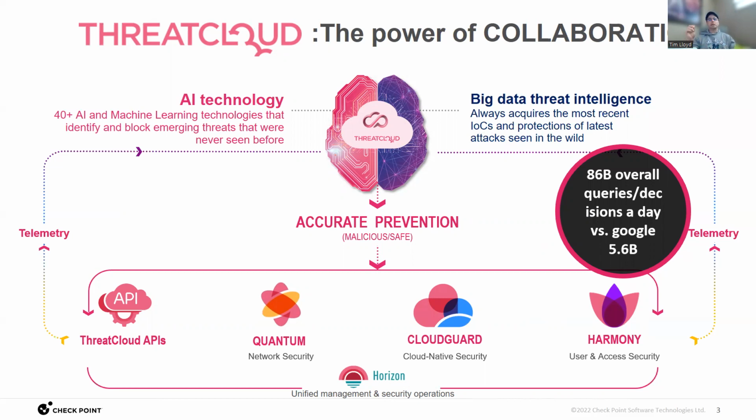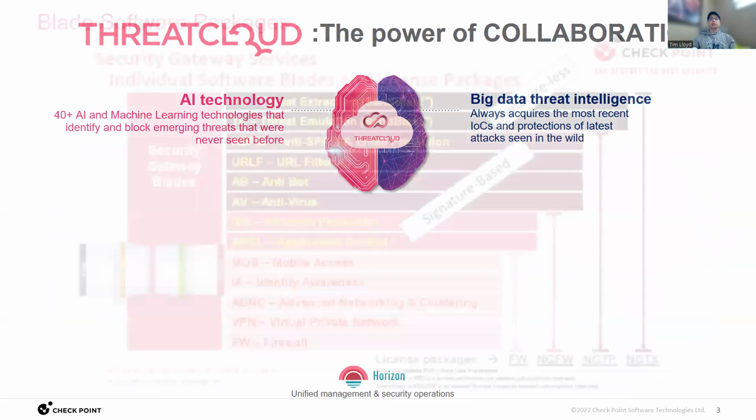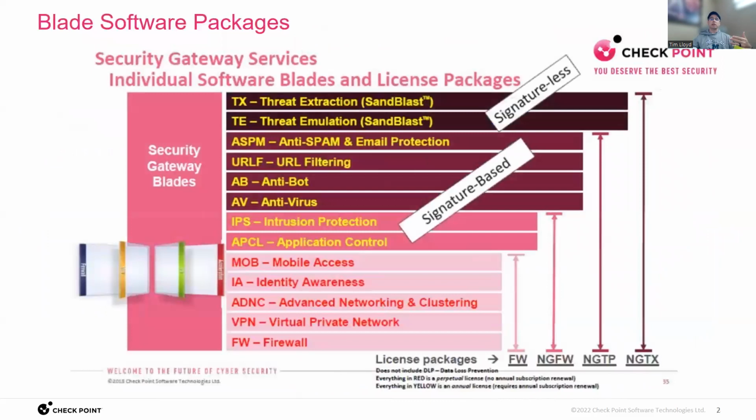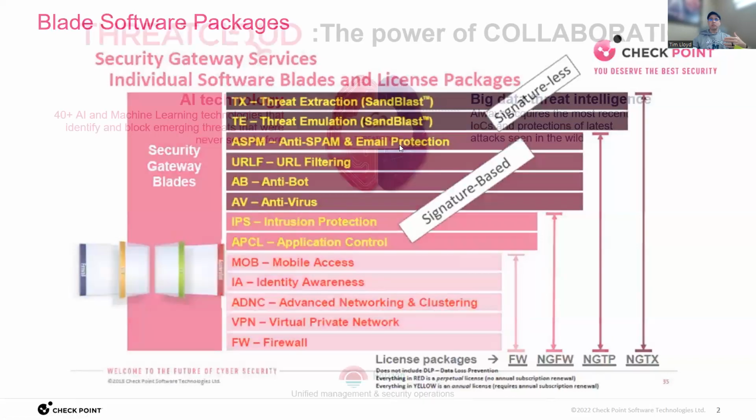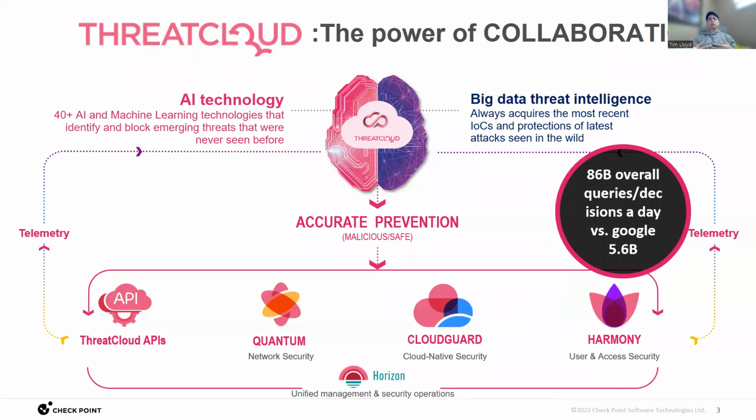The ThreatCloud is the checkpoint technology that delivers signatures to our portfolio of blades. So if we come back to this picture right here, all of these prevention blades, threat prevention blades, are signature based. Those signatures come from the threat cloud.